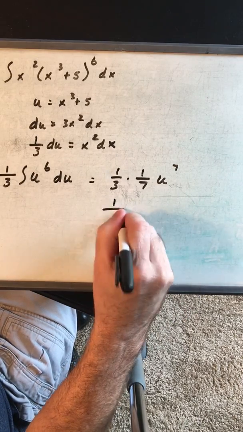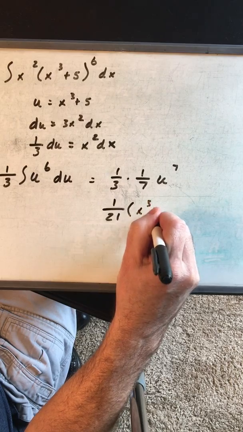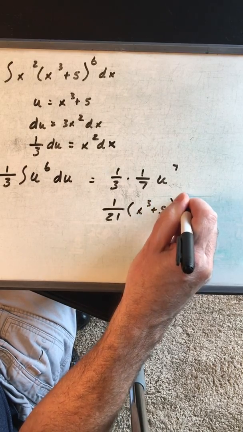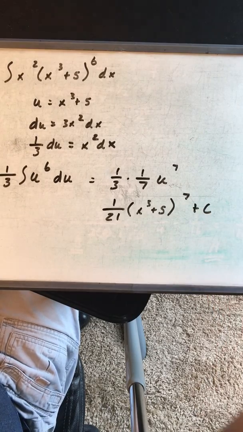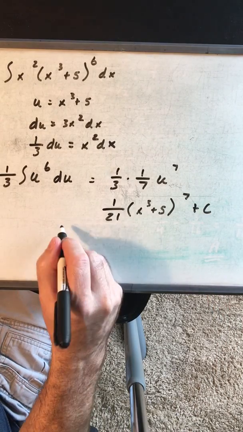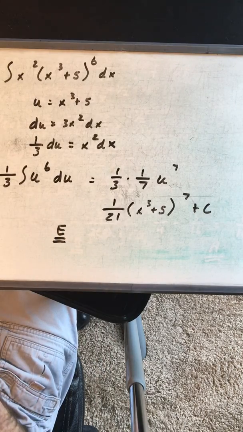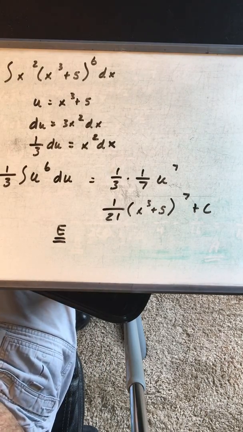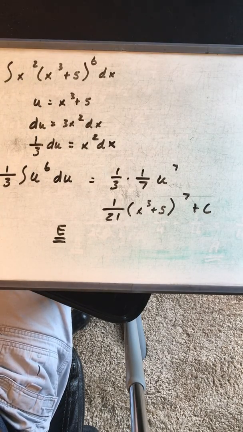So that's 1/21. We'll put u back in, which is x cubed plus 5 to the 7th power plus c. And that is answer E. Again, it'll take you a minute to wade through it, but hey, don't rush too much. You can do this stuff.